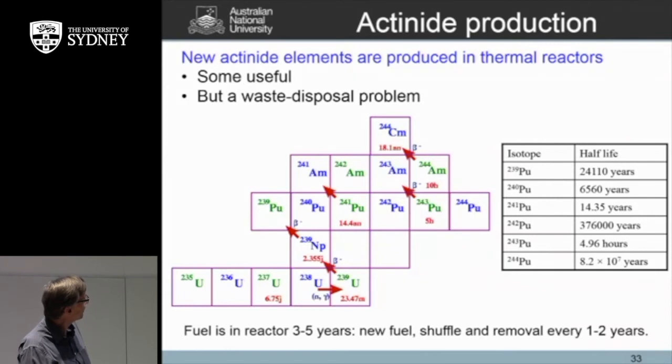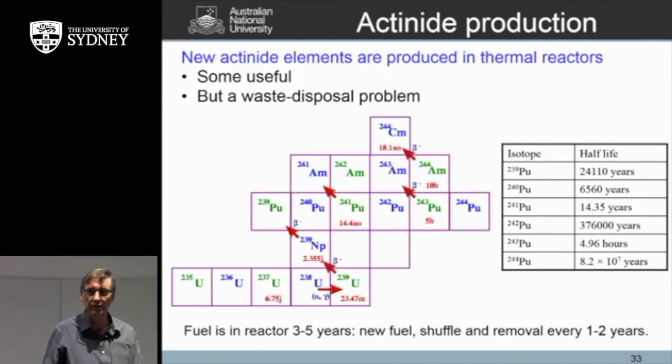This stuff decays to americium. Capture neutron, capture neutron, capture neutron, decay to curium. So what's happening here is that we're climbing up the periodic table. This process was used in the early days to discover new elements. Some of these materials are useful. Americium-241 is widely used in smoke detectors. But when it comes to nuclear waste, it's these guys that are the long-lived activities that are a pain.